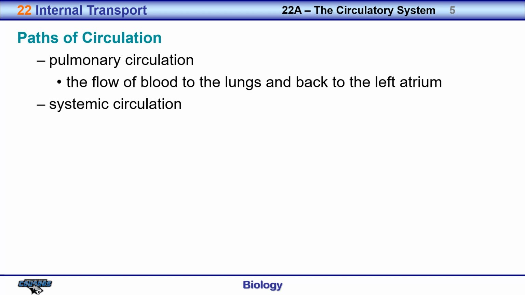Then we have what's called the systemic circulation. It consists of the flow of blood from the left ventricle to all the parts of your body except the lungs, because it's already been to the lungs, and then back to the right atrium.